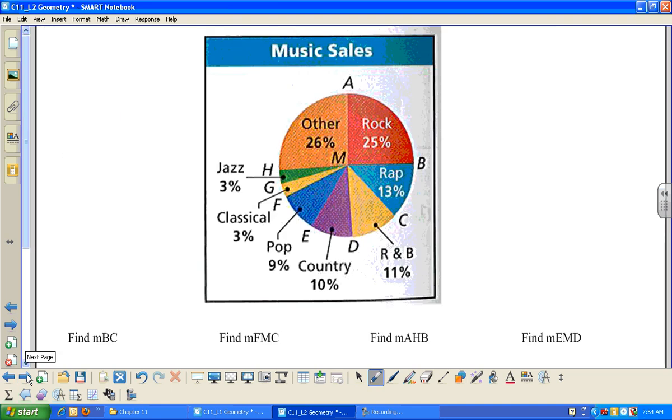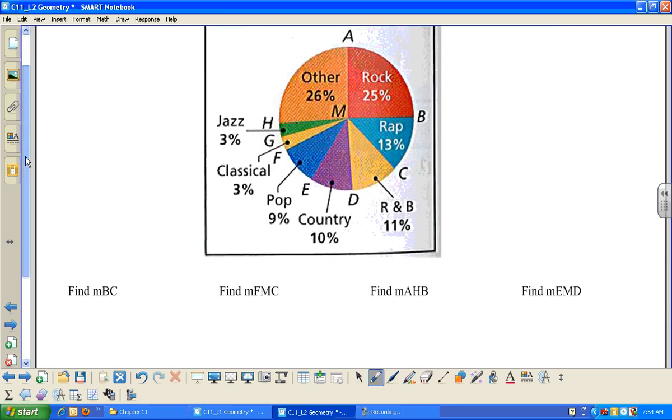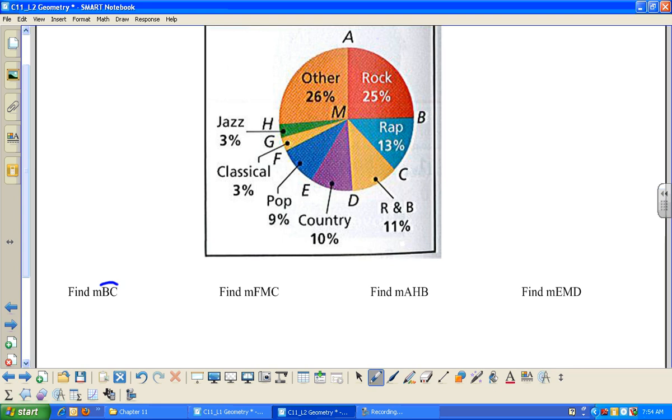So if I have this picture here, this should be angle, arc, angle. First I'm looking for the measure of BC. If I look at BC, I'm looking for this arc right here. This arc measurement will be the same thing as this degree measurement. Arcs are measured in degrees.